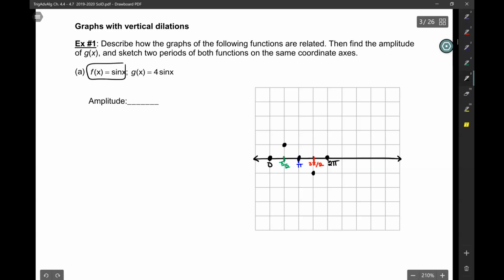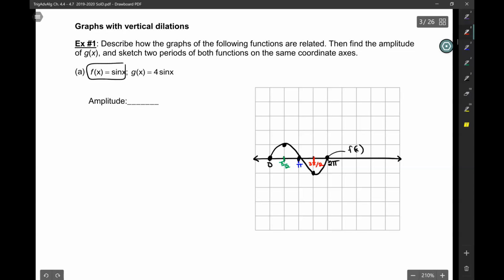So these were the 5 critical points in the colors. And then I go 0, maximum, 0, minimum, 0. So that is 3 pi over 2. Once I do that, here's my graph. That's it. So that's f of x equal to sine x.